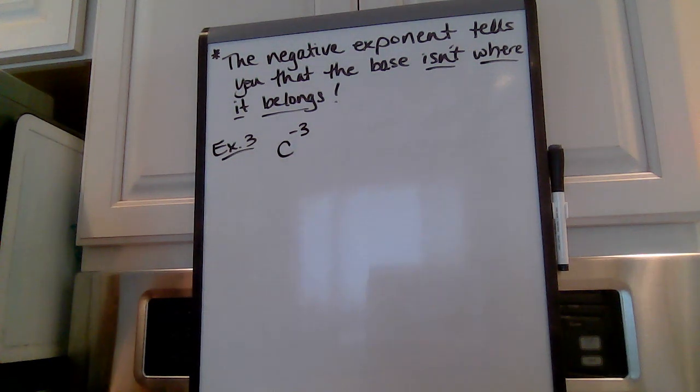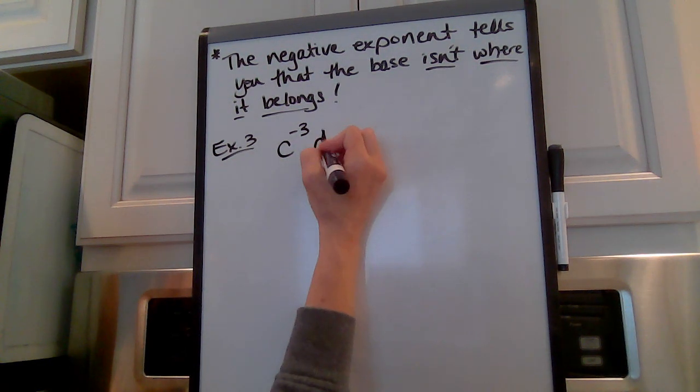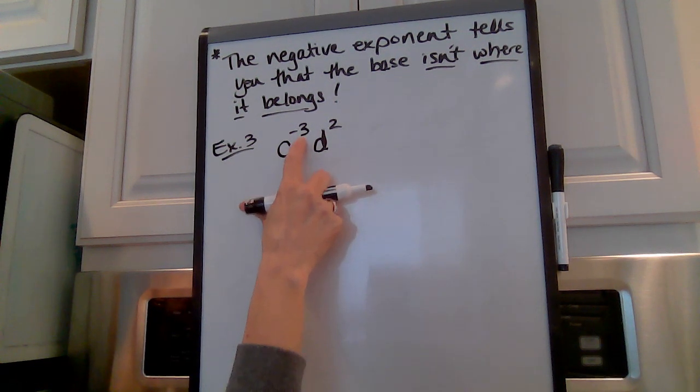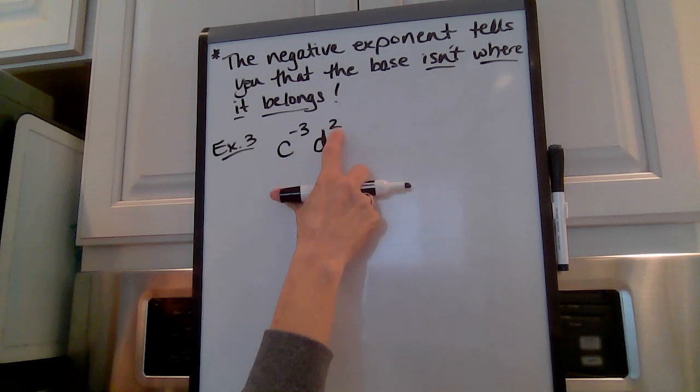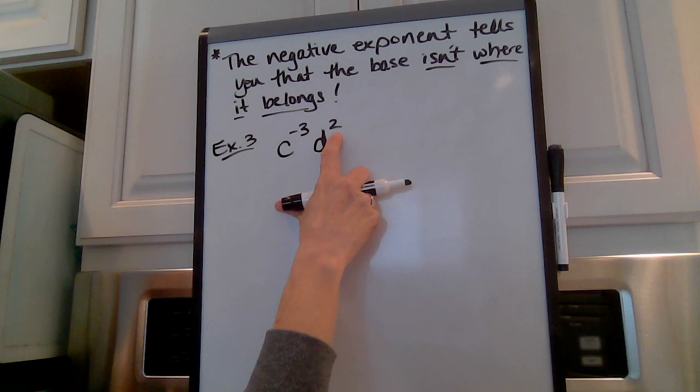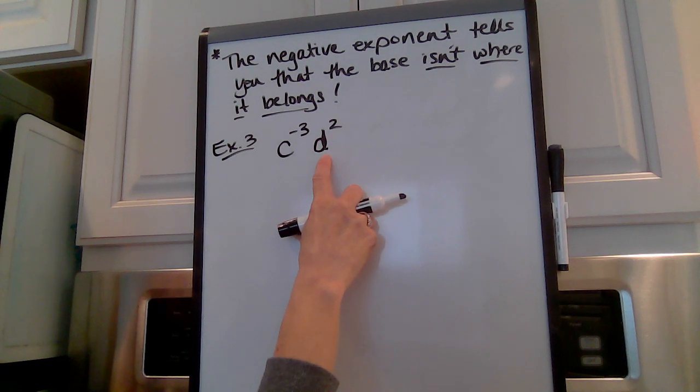So let's say I have c to the negative 3 being multiplied with d to the 2nd power. And we want to rewrite this so that we don't have a negative exponent there. What is happening here is that this -3 is affecting the c, the 2 is affecting the d. This is a positive exponent, so our d is right where it belongs.